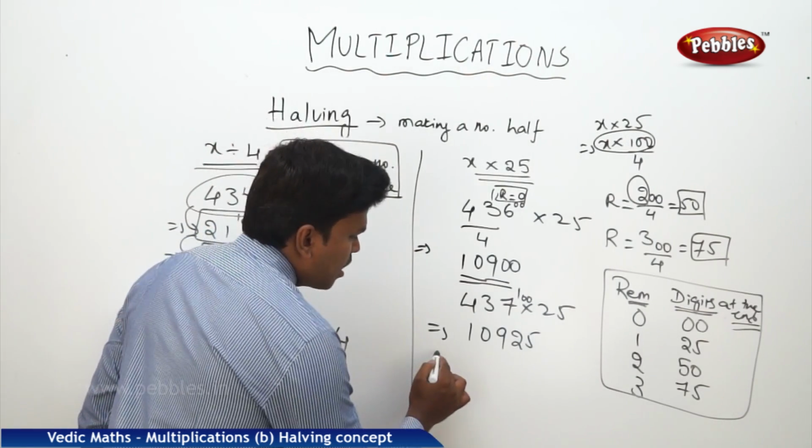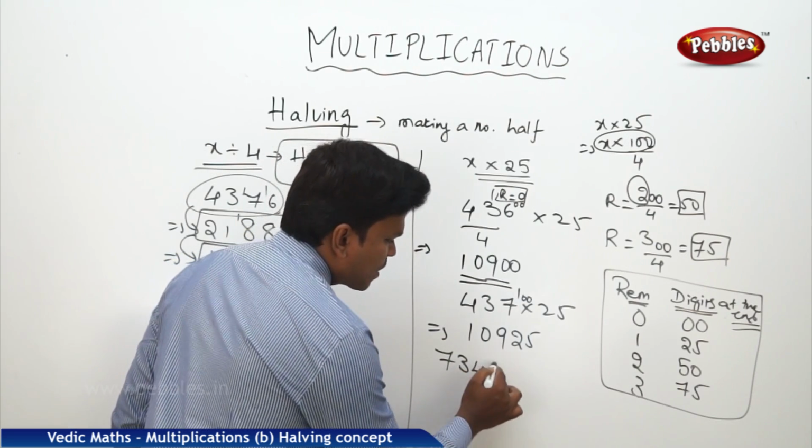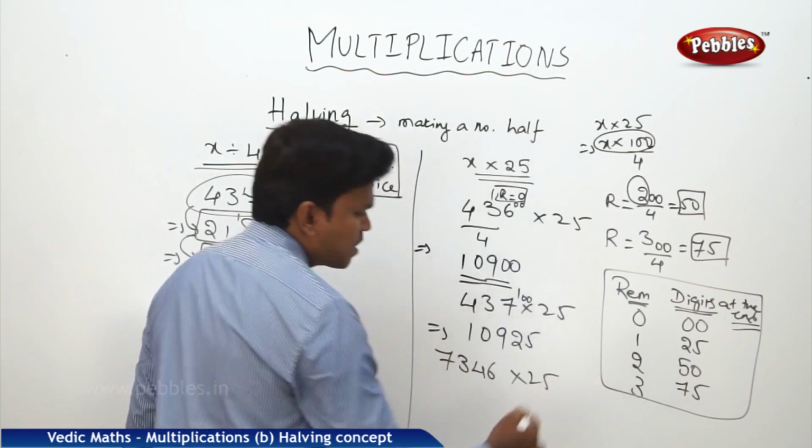Okay, let us take one more example. Suppose 7346 into 25.